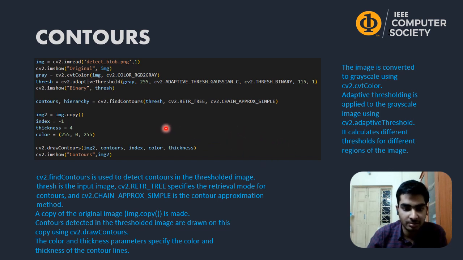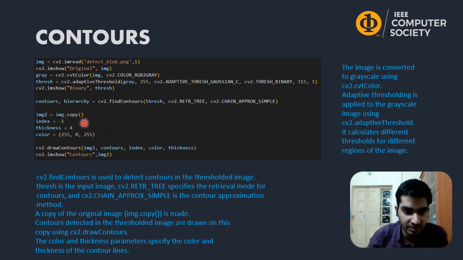To find contours, we are using an inbuilt function called findContours. The findContours function is used to detect the contours in a thresholded image. The thresh here is the input image. cv2.RETR_TREE specifies the retrieval mode of the contours and cv2.CHAIN_APPROX_SIMPLE is the contour approximation method. There are different methods available in this library. We are using these methods.